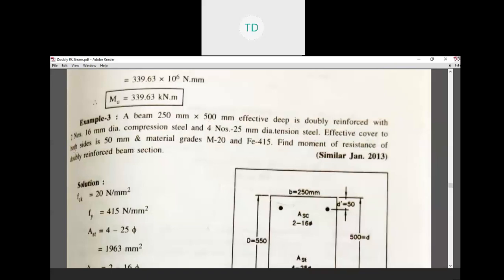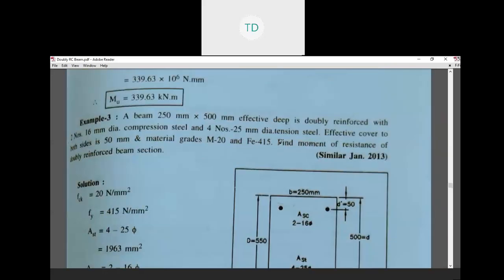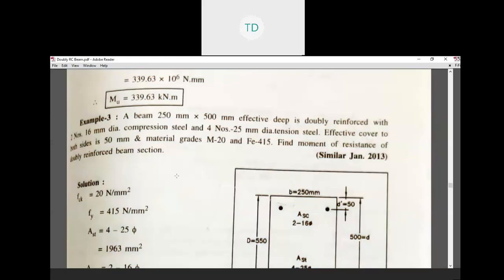Effective cover on both sides is 50 mm. Material grade is M20 concrete and Fe415 steel. In this question, we find the moment of resistance of the doubly reinforced beam section. Both these examples are to be solved by you and submitted to me later.